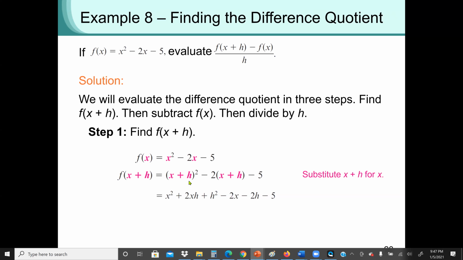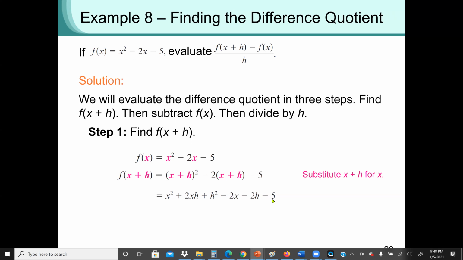So we open the parentheses. x plus h all squared is the same as saying x plus h times x plus h, which will give us x squared plus 2xh plus h squared, minus 2 times x, which is 2x, minus 2 times h, which gives me minus 2h, minus 5.